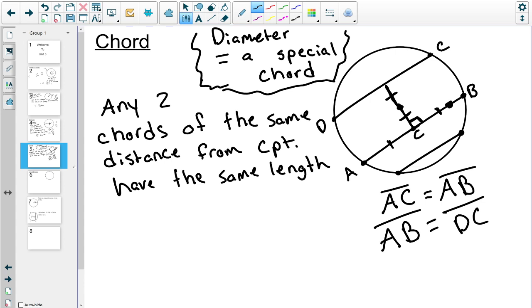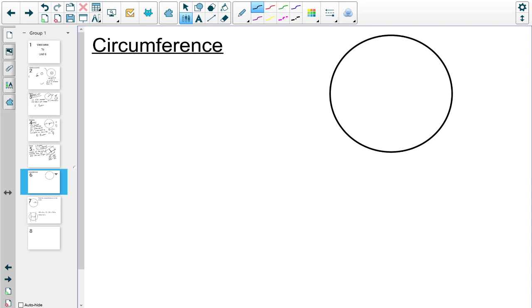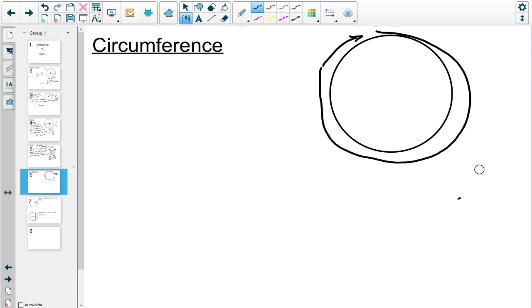But we want to talk about one other thing first: the circumference. The circumference is the distance around a circle. And we'll use a little arrow here to kind of explain this. There actually is something a little bit relative to this in an upcoming activity.